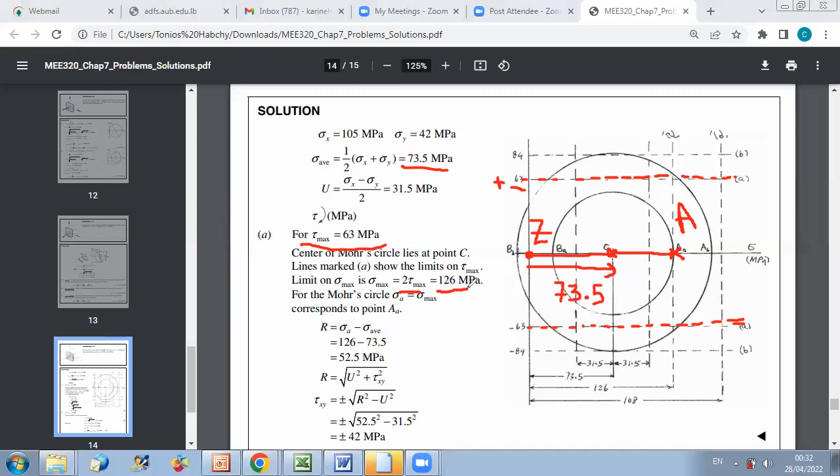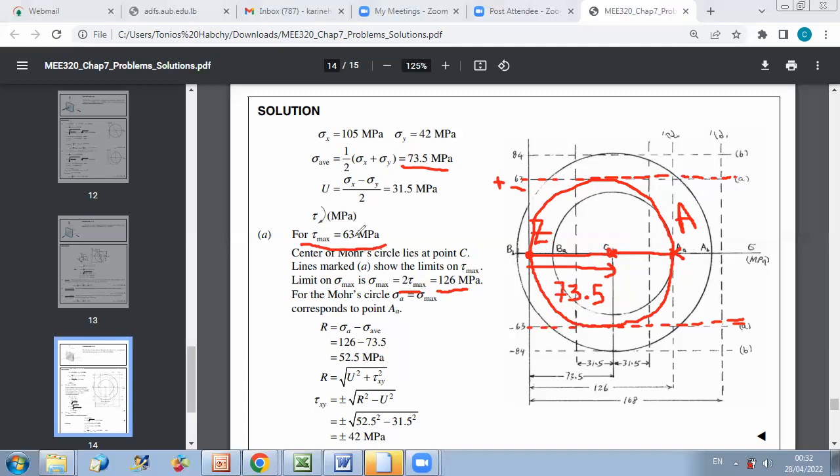Okay, so if I draw this circle, it will be the circle of maximum shear stress, because already 63, which is the maximum, is smaller than sigma average.